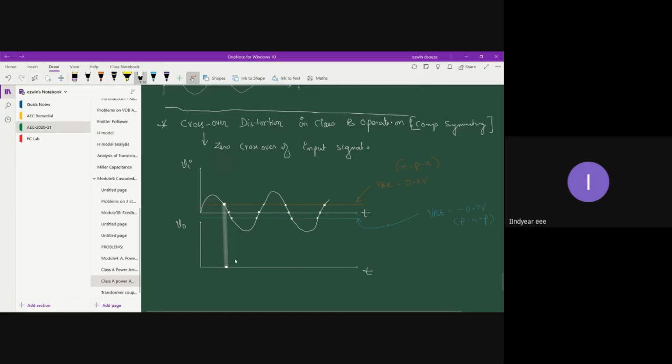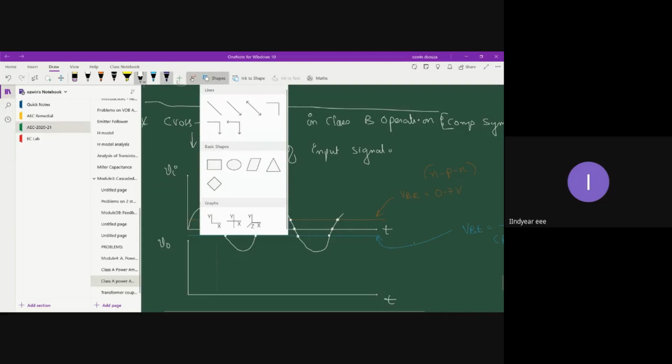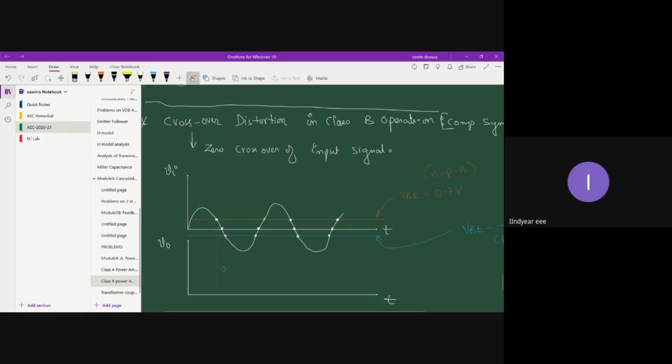Just zoom it a bit. Okay. The second guideline and the third guideline. Okay.